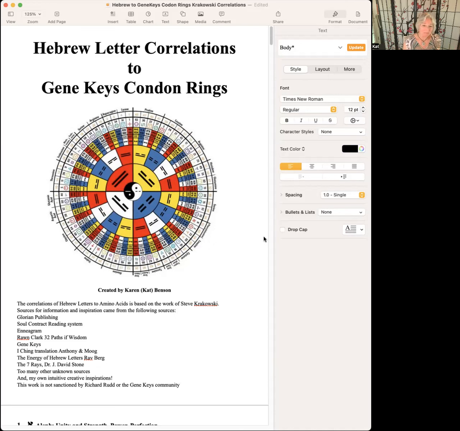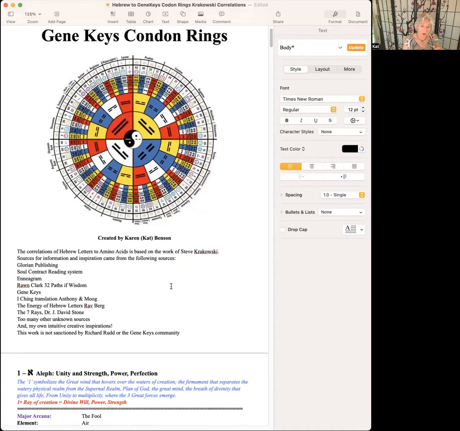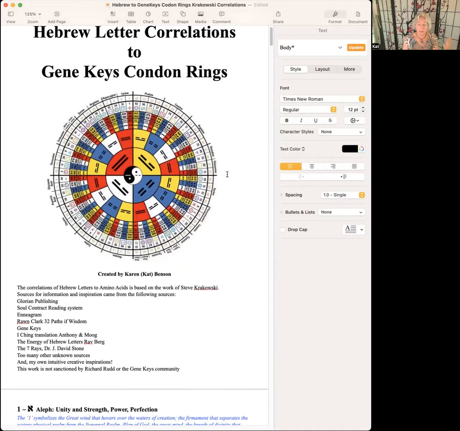Okay, so here's the document. These are all of my sources, and this document is a result of all the work and studying of these Hebrew letters that I've done for myself, connecting systems, seeing how they're all connected together.